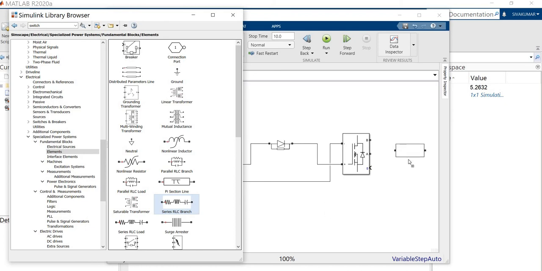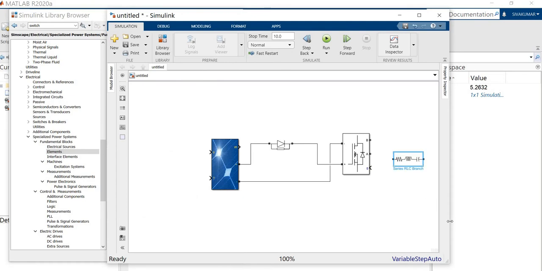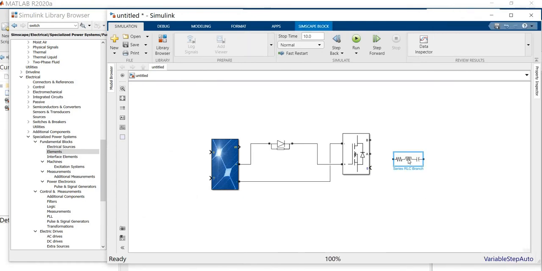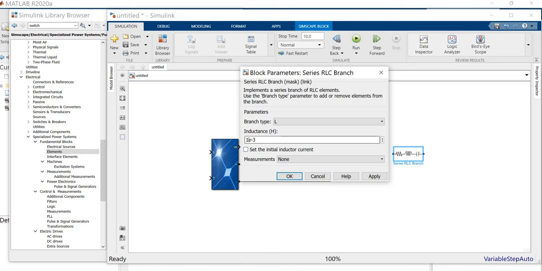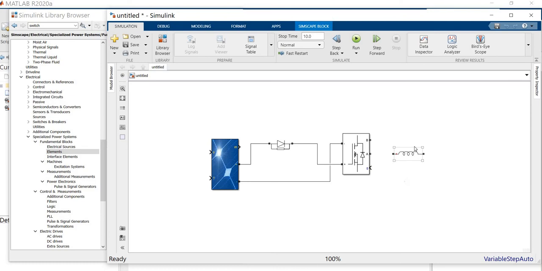Drag this element and place it here, and double click. I am selecting the L module at a value of 5 millihenry for our design.